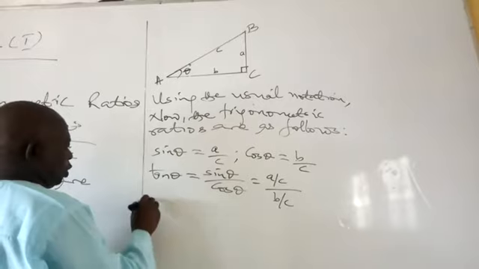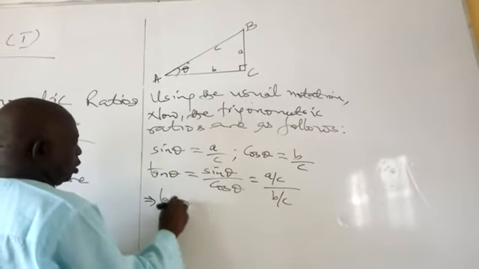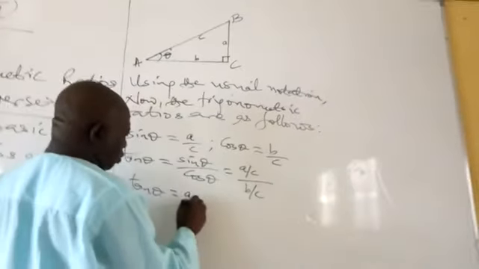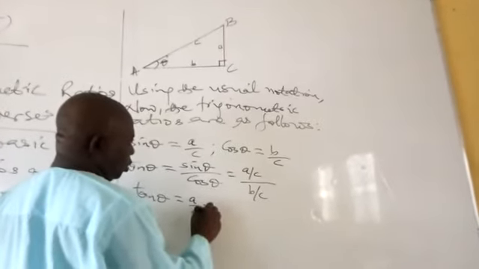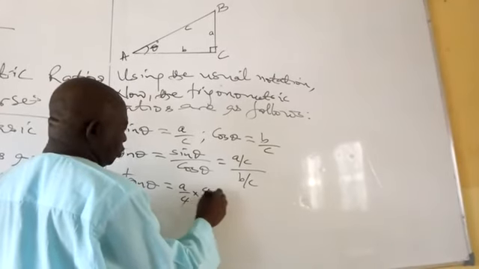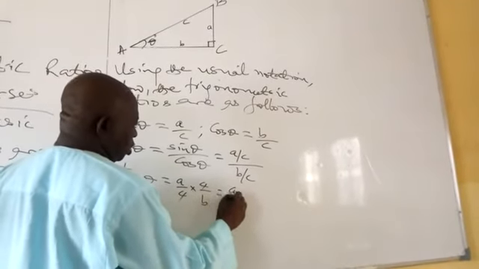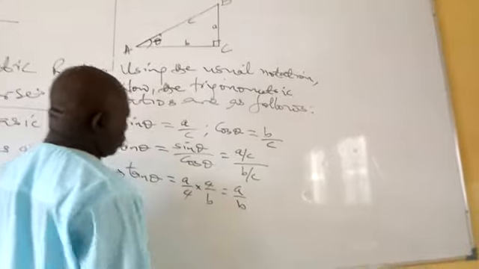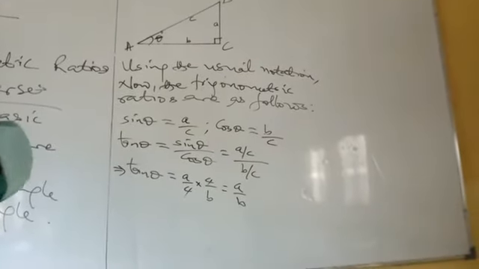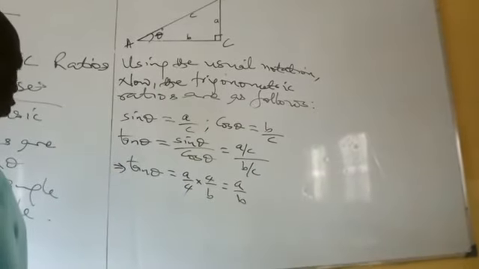So this means that tan theta is equals to a over c times c over b. This c will cancel, and that will be a over b. So that is the expression. These are the three trigonometrical ratios.